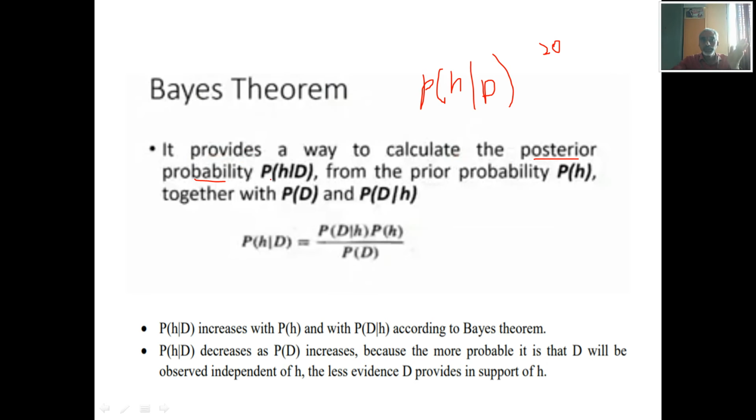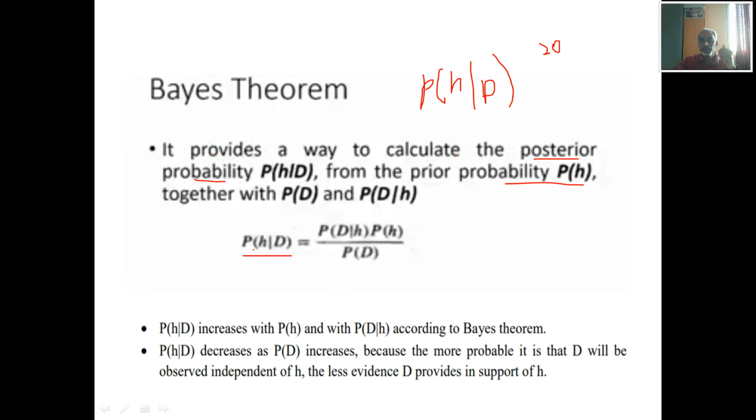So with the Bayesian theorem, we are going to calculate the posterior probability P of H given D from the prior probability P of H. How are you going to calculate this? The equation: probability of H given this data set D is equal to the probability of D given H, the probability of this data set D given H, multiplied by P of H. What is this P of H?